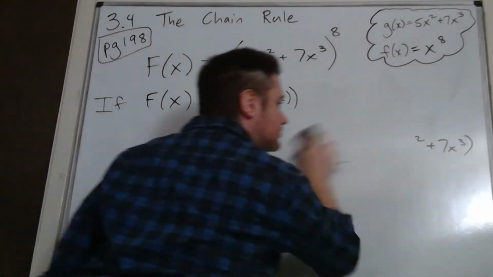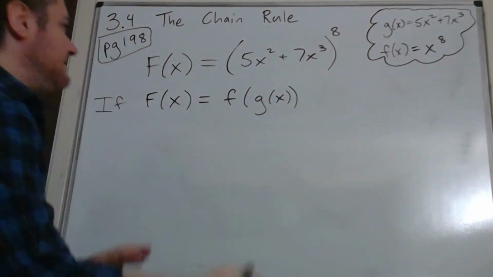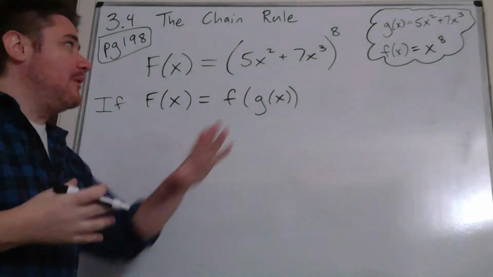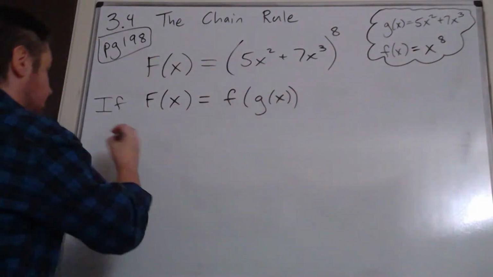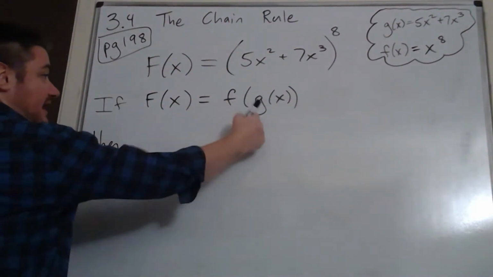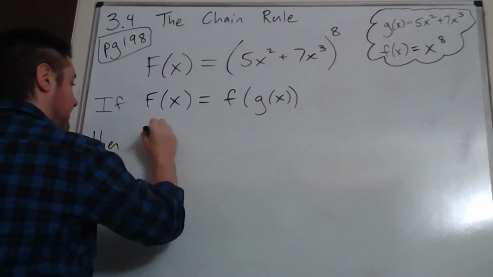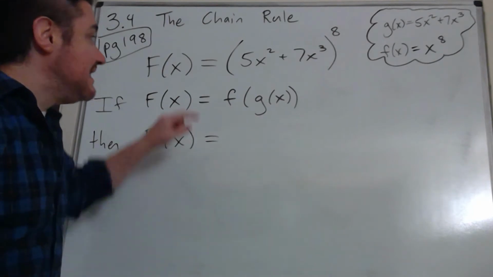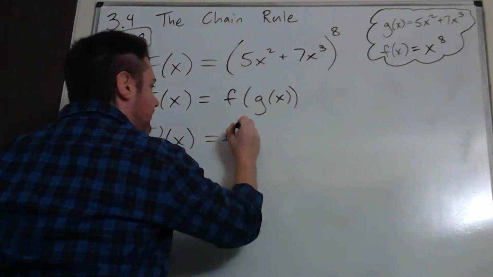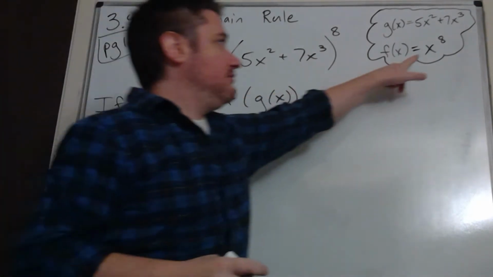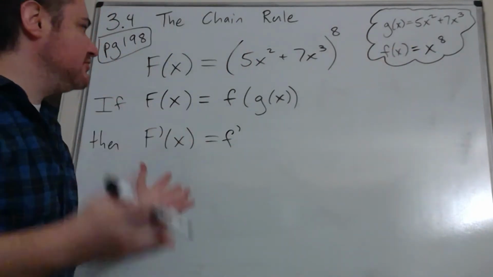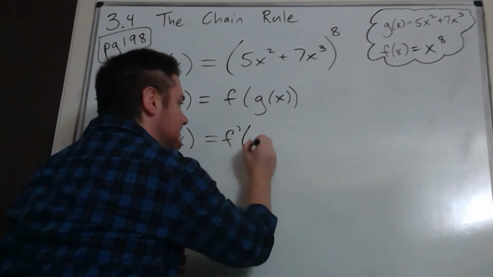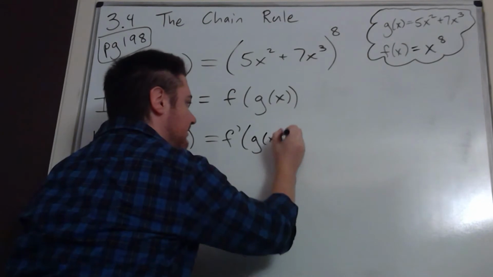Now, what does the derivative look like? I'm going to try to talk my way through what we did earlier with this notation. If we've got this composition of functions, then the derivative of that composition is f prime, the derivative of f, which is our outside function. So the outside derivative with respect to g of x.